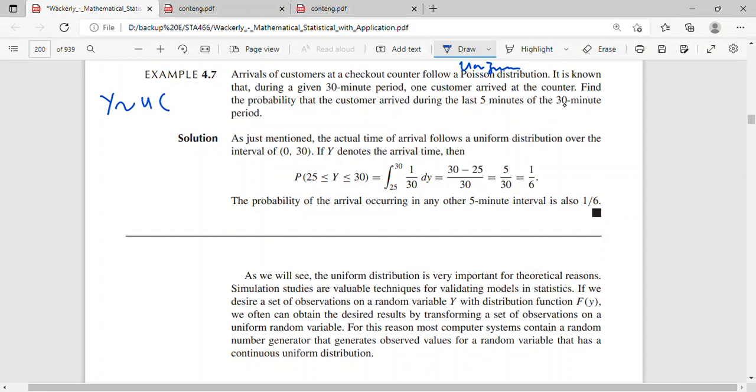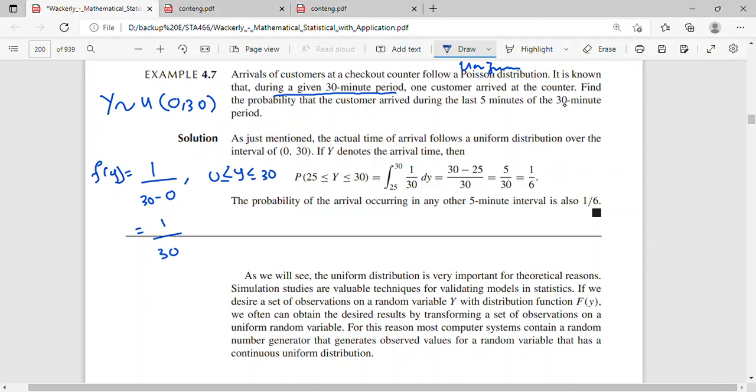The interval is during a given 30-minute period, so the interval is 0 to 30. So theta 1 is 0, theta 2 is 30. First thing first, we need to know the variable and the PDF for that variable. So we can create the function of y, which is 1 over 30 minus 0, with the interval from 0 until 30. So here it is 1 over 30.